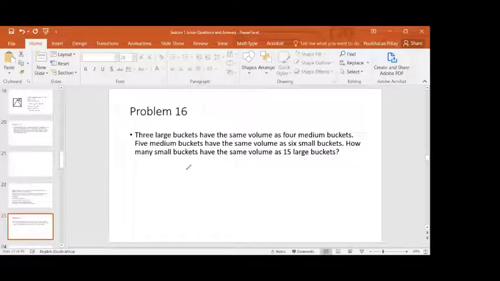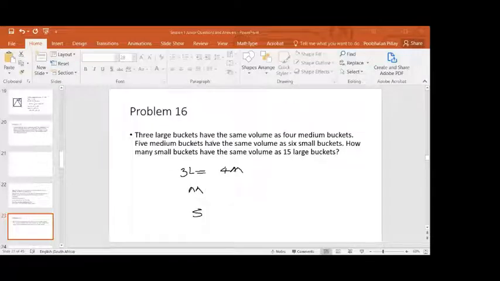So we'll call the large buckets L, the medium buckets M, and the small buckets S. The volume of 3 large buckets is the same as 4 mediums. So that's your first equation.